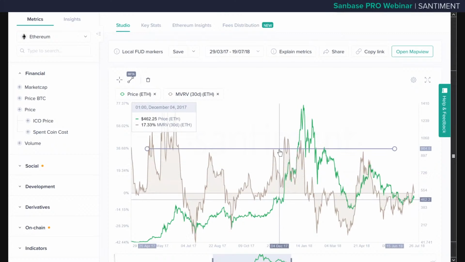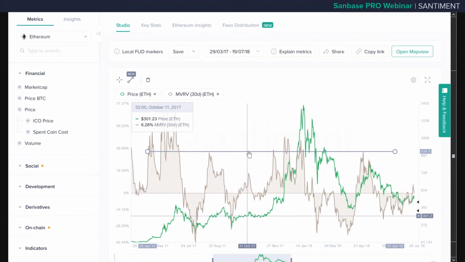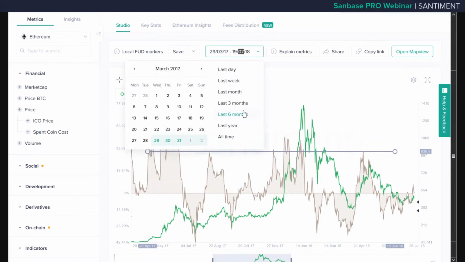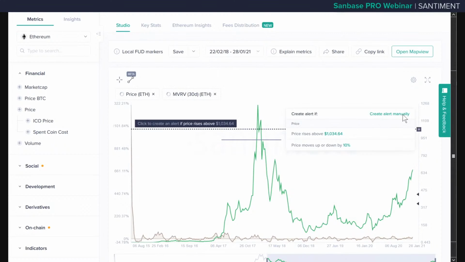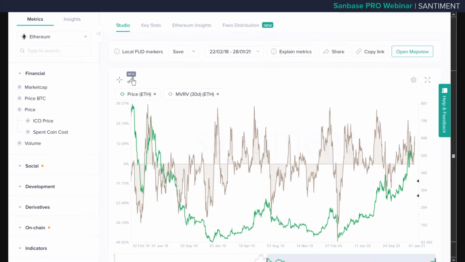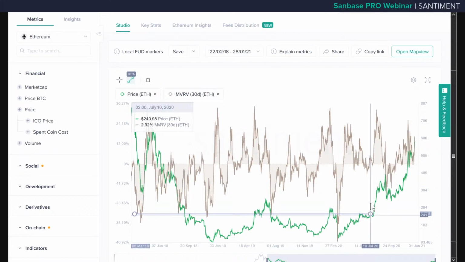And then on the other hand, this is from August 2017. Actually, I haven't zoomed in enough. There we go. So this seems to be the bottom for Ethereum's 30-day MVRV, about minus 25%.